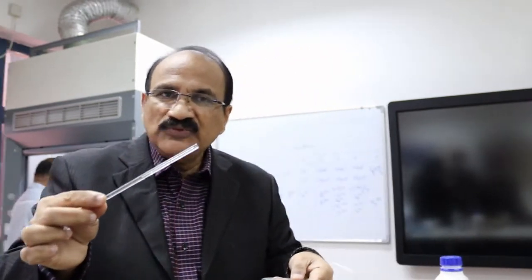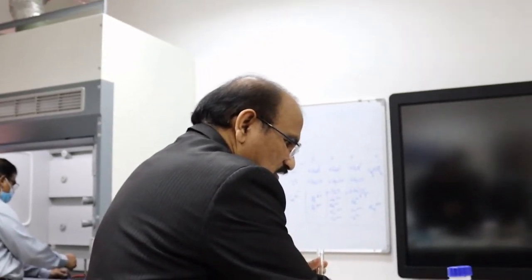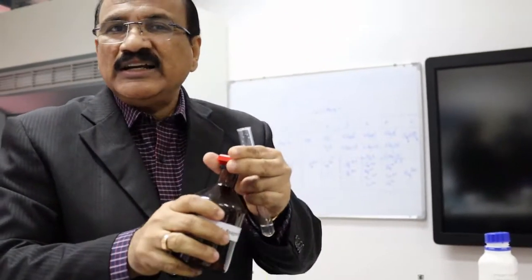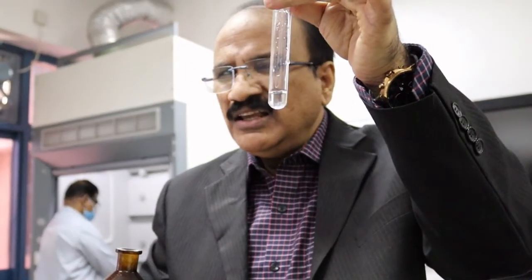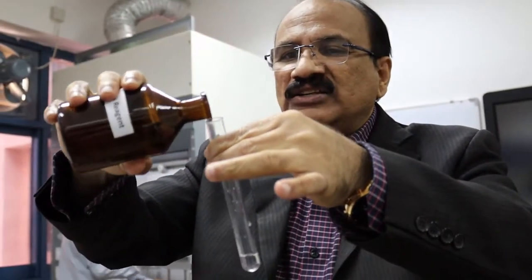So we have one more test for ammonium salt. I have an aqueous solution of an ammonium salt. We are doing the confirmatory test. Into that we will add Nessler's reagent. So we are doing the test for cations now. Let us see what will happen when an ammonium salt is treated with Nessler's reagent.